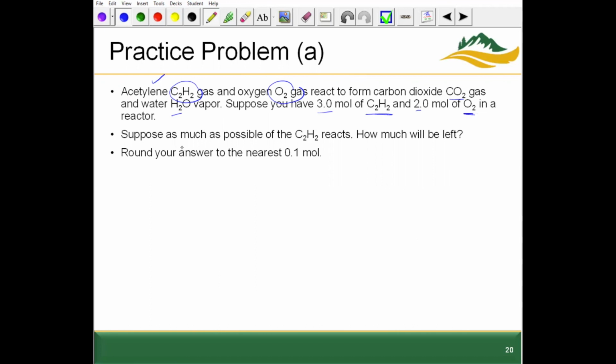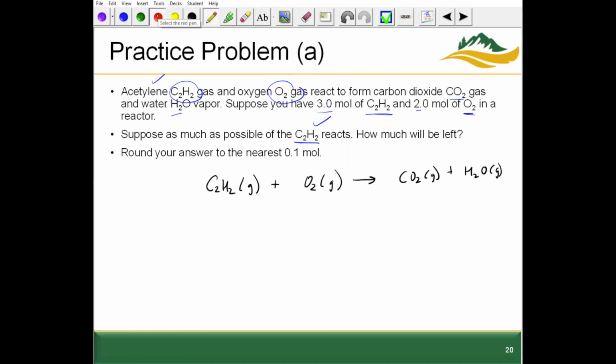Then we're asked to suppose as much as possible of the C2H2 reacts, how much C2H2 will be left? So C2H2 gas with oxygen gas reacts to form CO2 gas and water vapor, so also a gas.